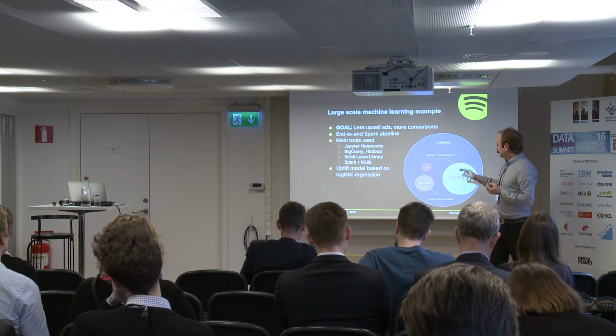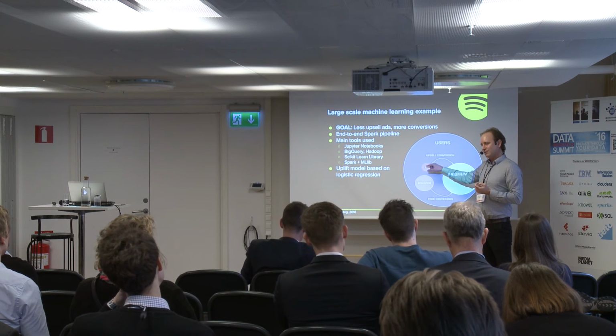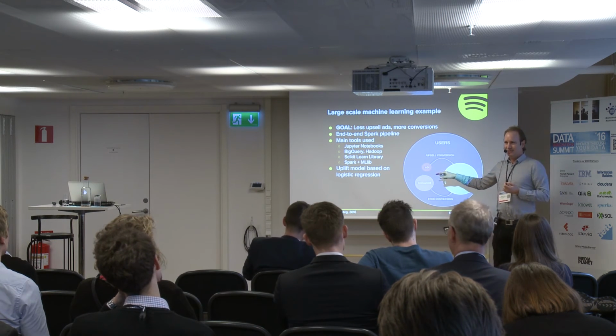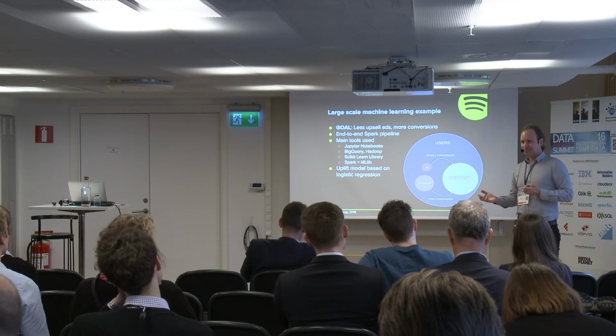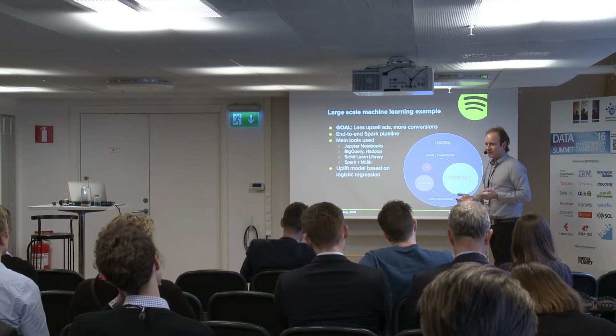We want to predict that a user will convert to premium because they actually were exposed to this ad. That's a much more difficult problem. And this is something called uplifting, if you've heard about this.